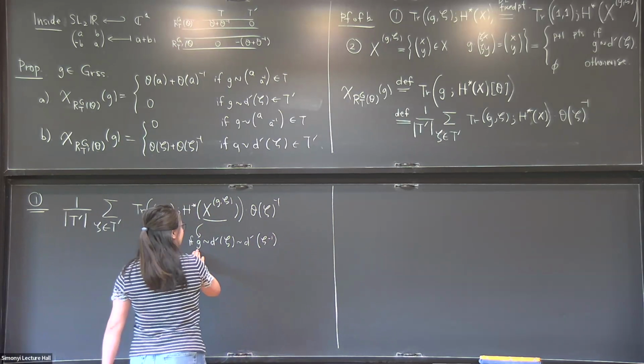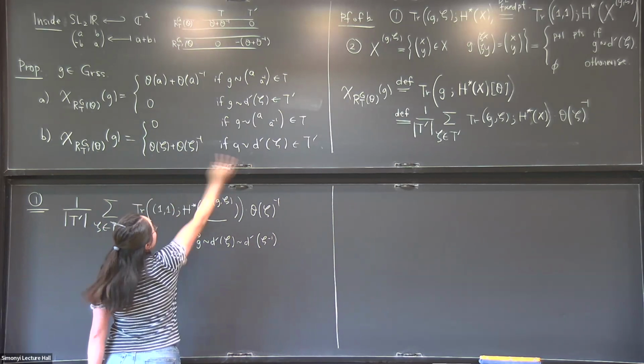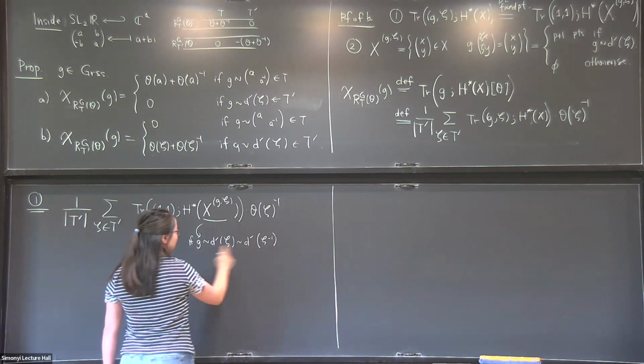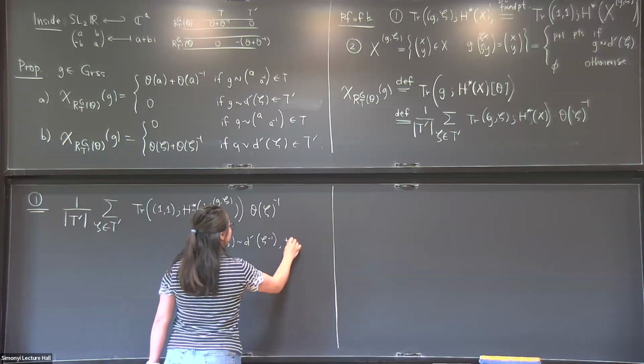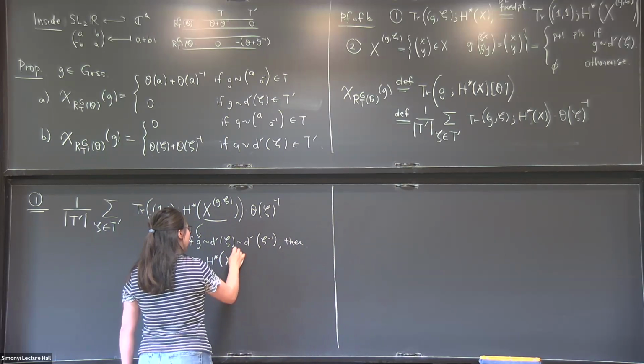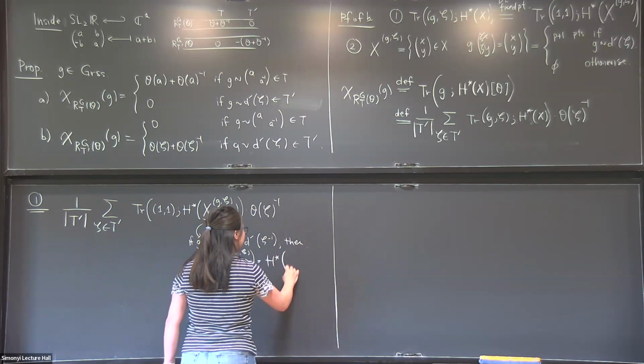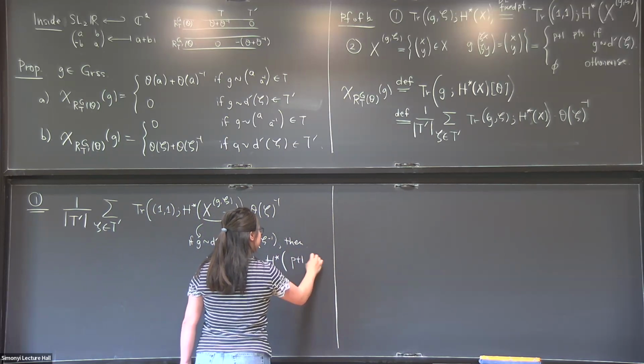So if I am in this situation that my g, which was fixed at the beginning, is equal to one of these 2 things, then I know that the cohomology of this fixed point thing is equal to the cohomology of p plus 1 points.